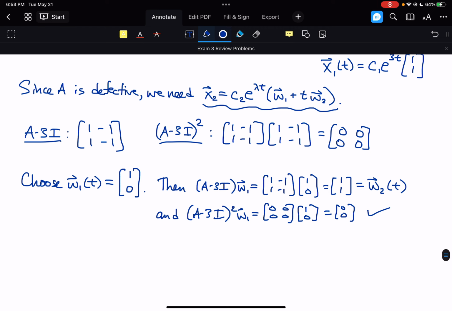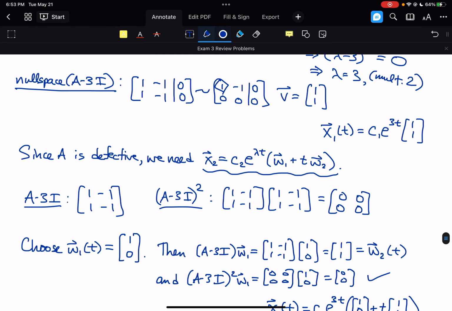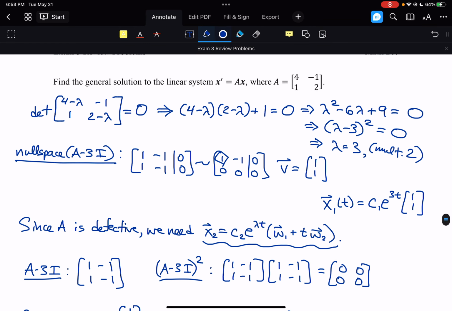So our second solution, x2 of t, that's going to be c2 e to the 3t times 1, 0 plus t times 1, 1. So we have x1, we have x2, and our general solution is just going to be the sum of both of those.